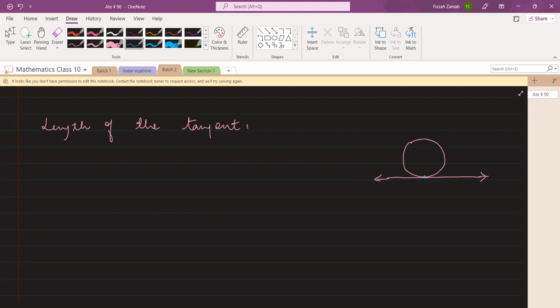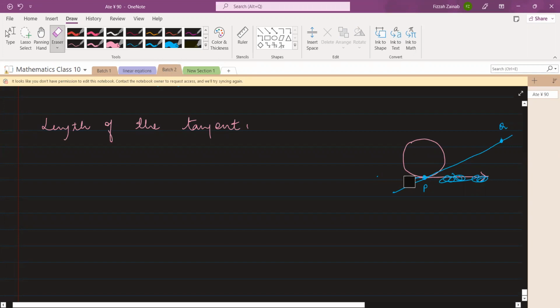What we measure is we mark the point of contact, which is P, and then we take any other point, for example, Q. So this PQ will be called the length of the tangent. I'm saying only one tangent can pass from a point P. I hope it's clear. So this length PQ will be called the length of the tangent. You don't have to write it, just try to understand.